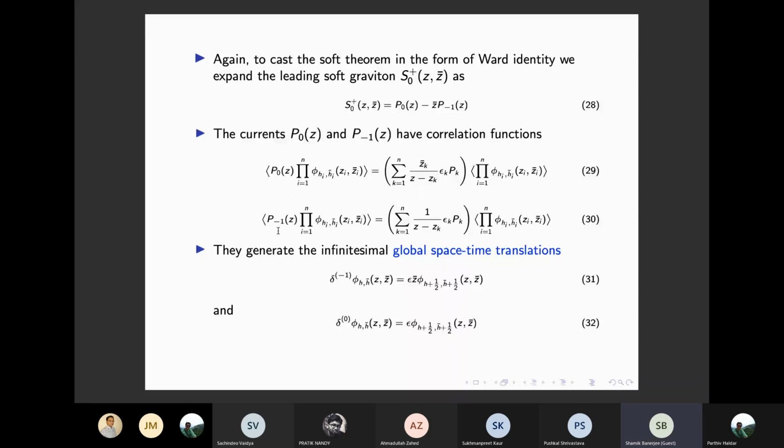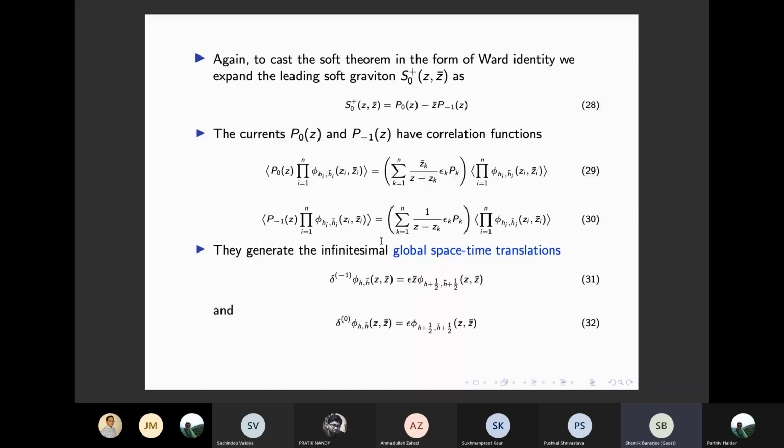And similarly the correlation function of P minus 1Z with this bunch of phi's has this particular form.